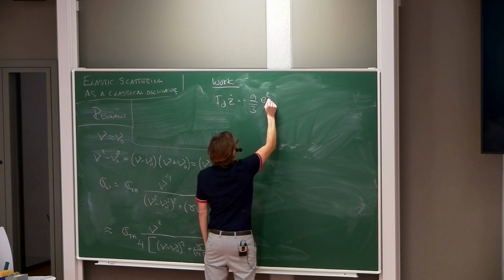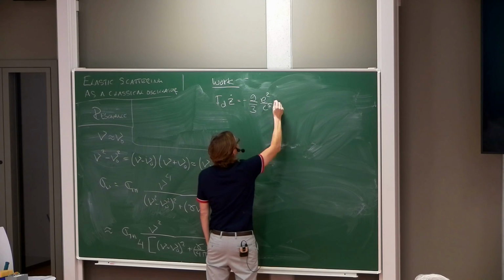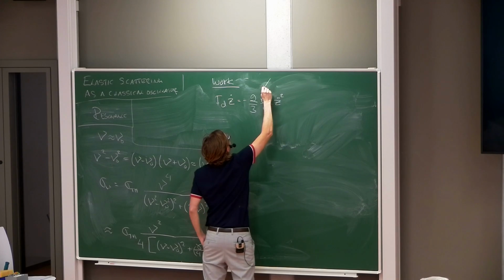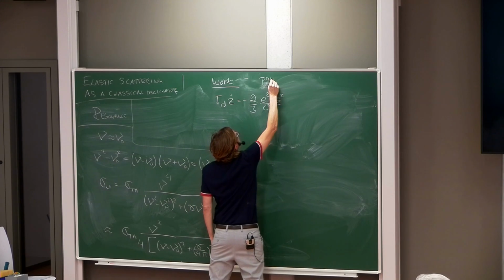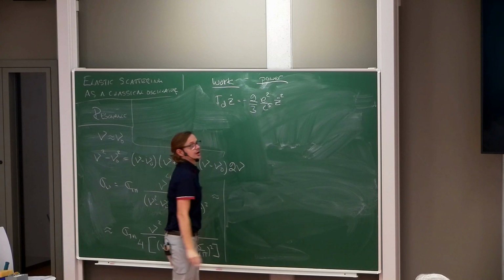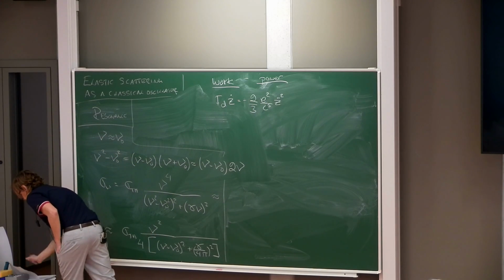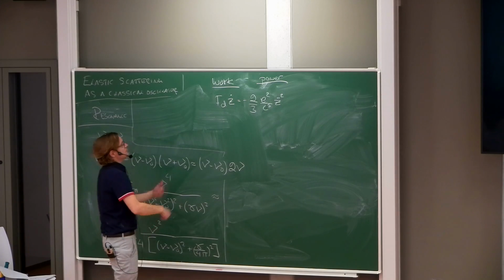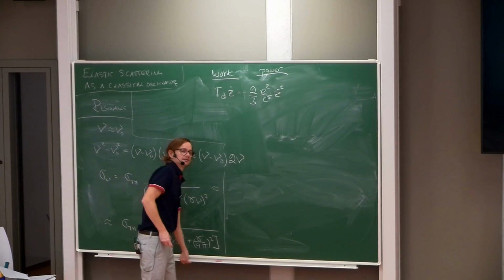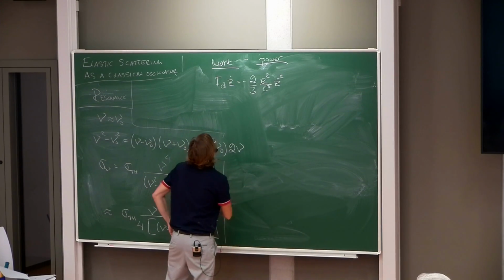And that was just e squared c, and then we had c double dot squared. So that's the work, and we set that equal to the lost power. And then we integrate this over one cycle of this oscillation, okay?